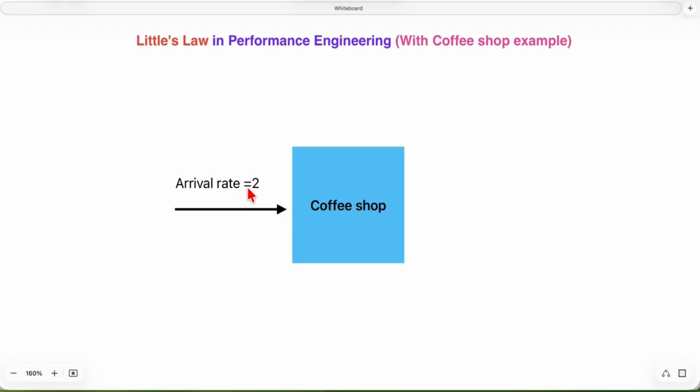It means for every minute 2 customers are arriving at the coffee shop. Each customer will spend 10 minutes, that is, the average time inside the system is equal to 10 minutes.